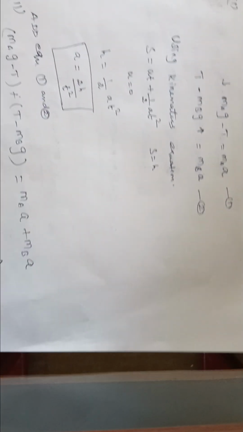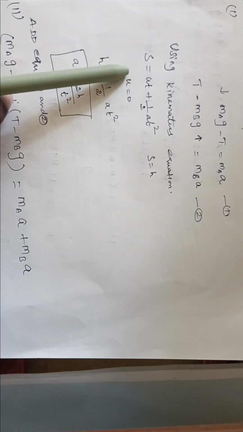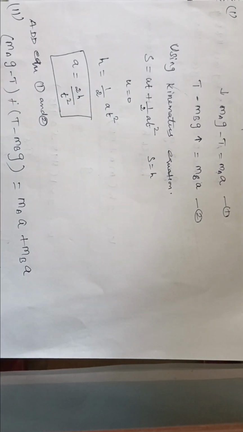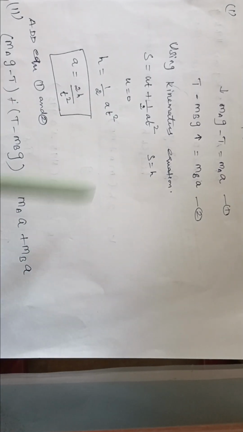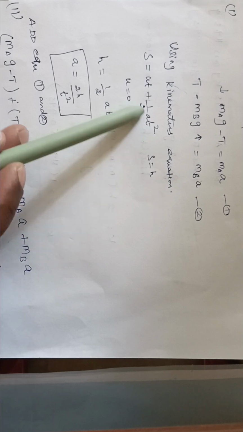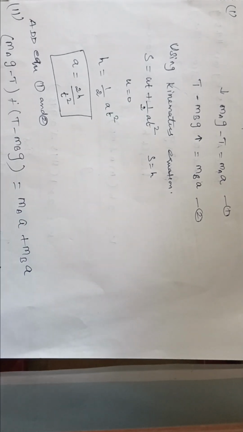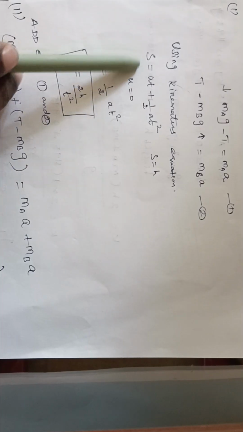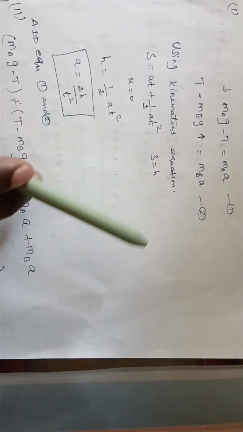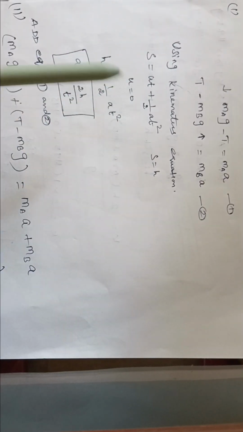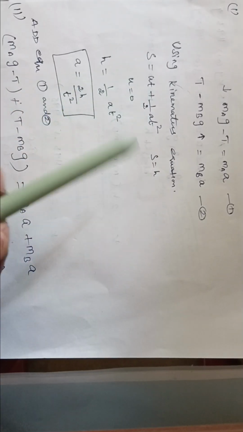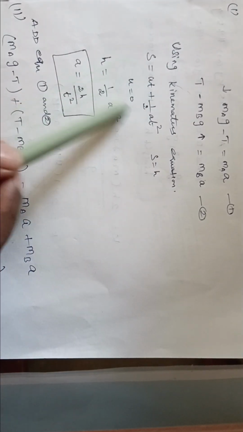After that we use the kinematic equations, s equal to ut plus half at squared. Why we use the kinematic equation: we want to find the acceleration. S means h, the height. U equal to 0, the initial speed.